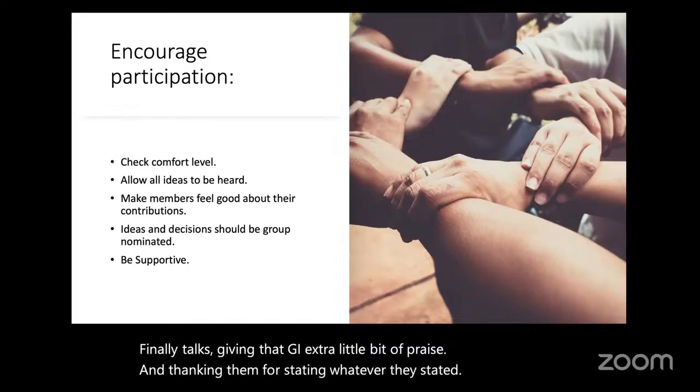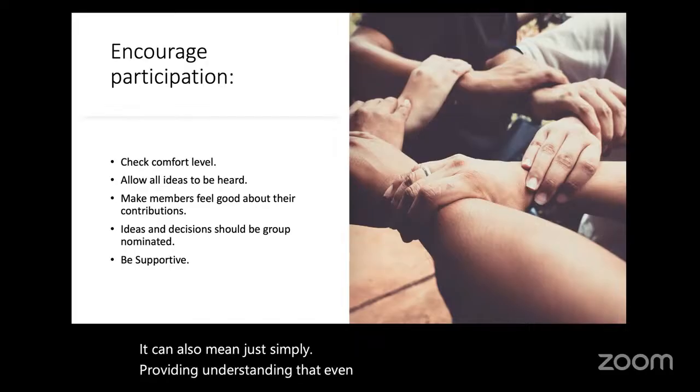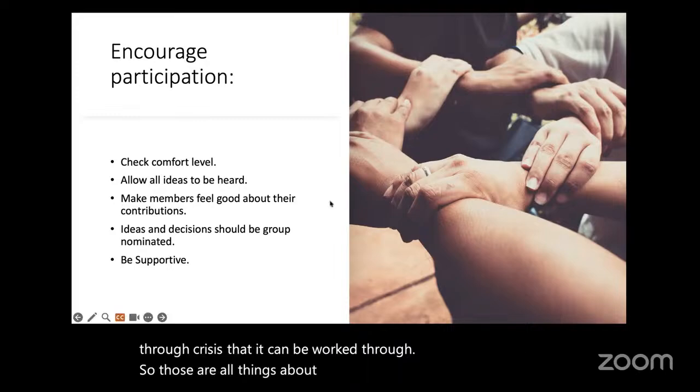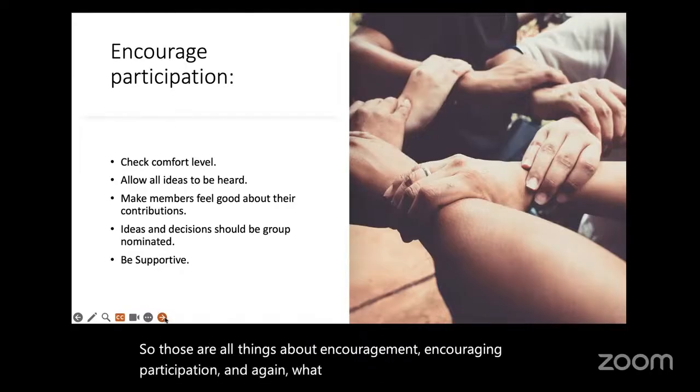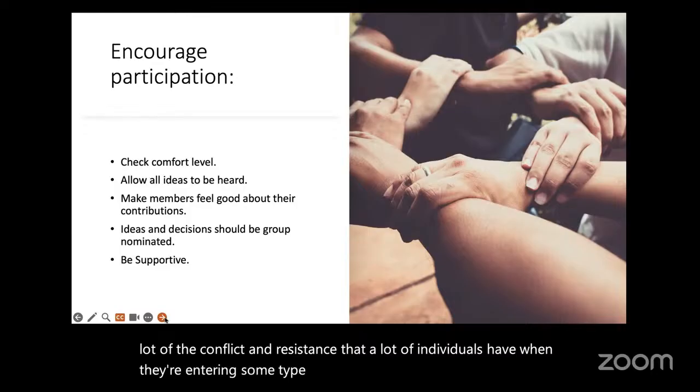It can also mean simply providing understanding that even though they may be going through a crisis, it can be worked through. Those are all things about encouraging participation, and what they do is reduce a lot of the conflict and resistance that many individuals have when entering some type of group treatment.